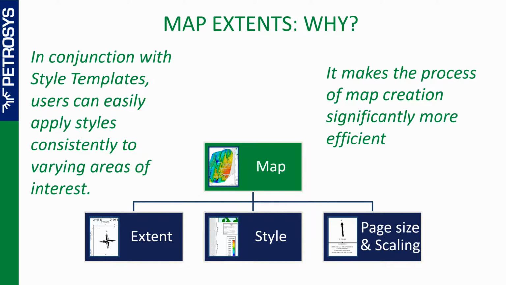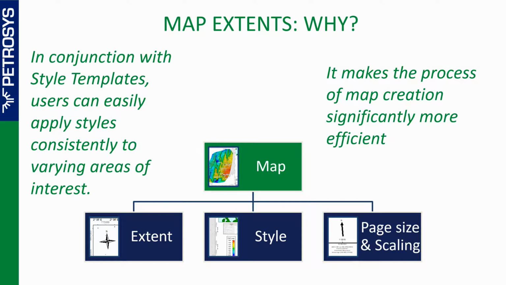So why did we introduce the concept of map extents? Because in conjunction with style templates, users can easily apply styles in a consistent manner to different areas of interest. So you have the final map, as you can see in the graphic, and then that map is split into extent, style, and page size and scaling, so you can combine different extent templates with different style templates.